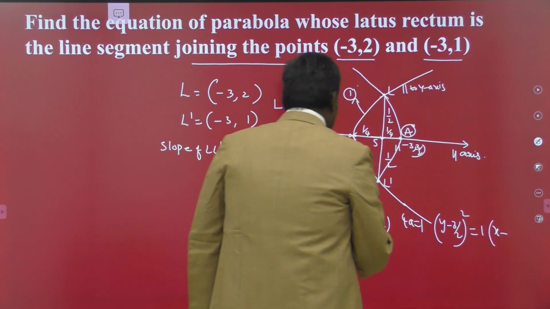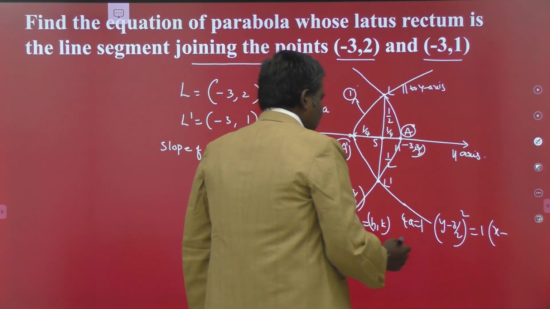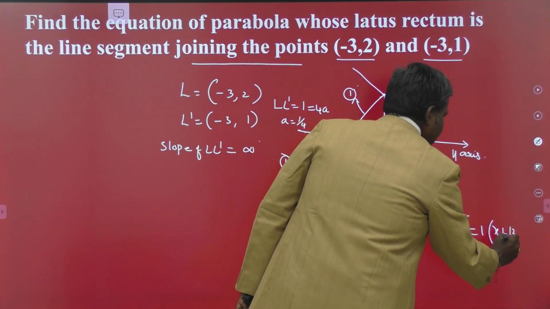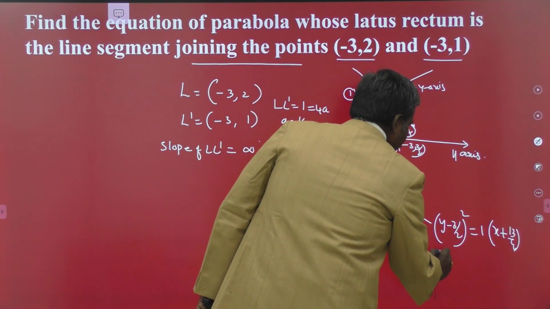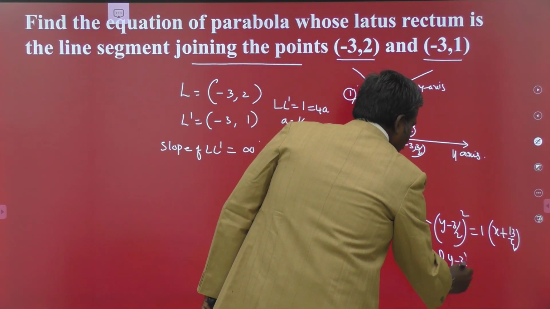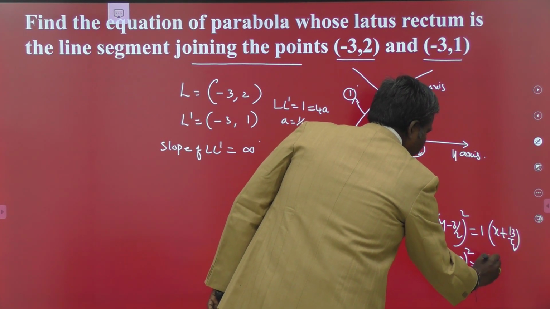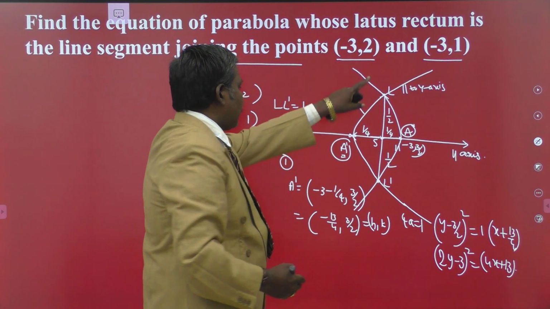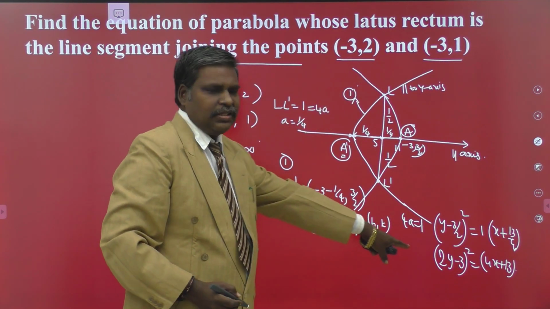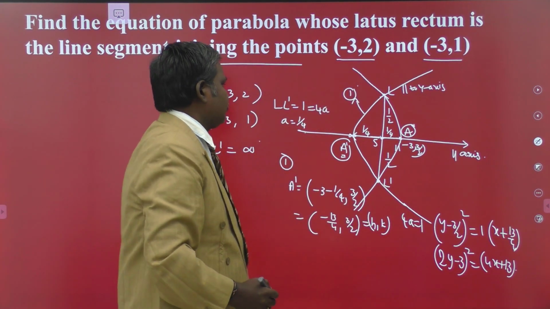X minus of what? Minus of minus, plus 13 by 4. By taking the LCM, taking the 4 outside, (2y minus 3) whole square is equal to 4x plus 13. 4 gets cancelled. This is the equation of parabola 1.